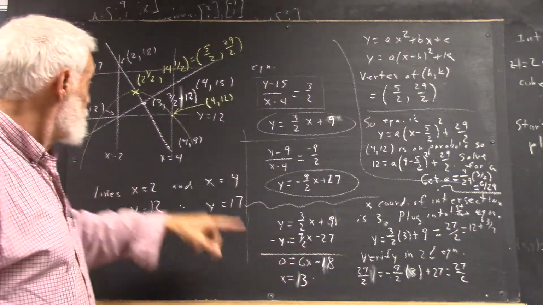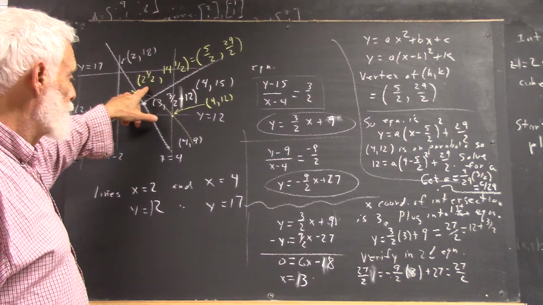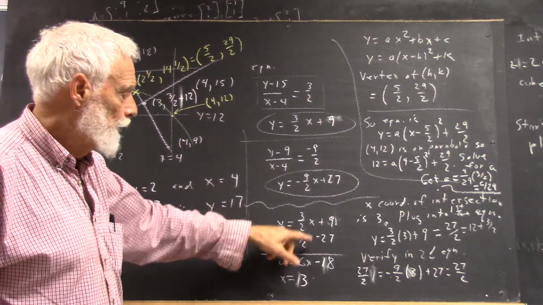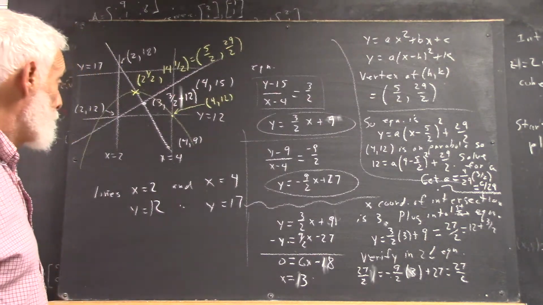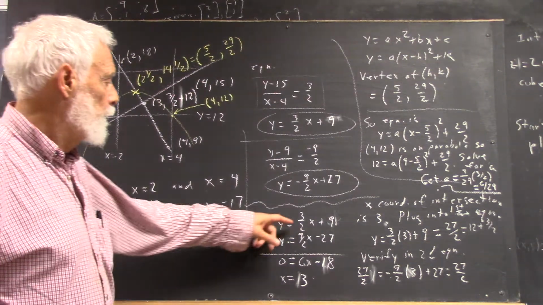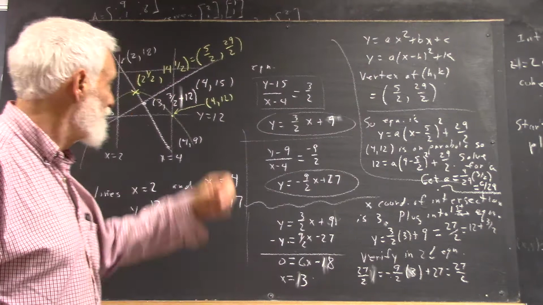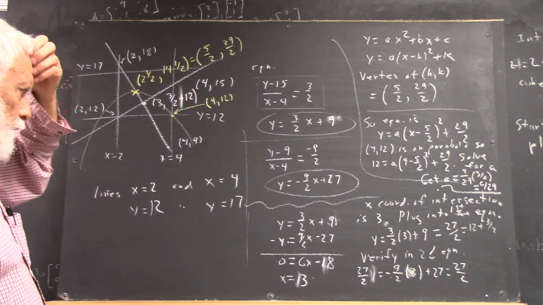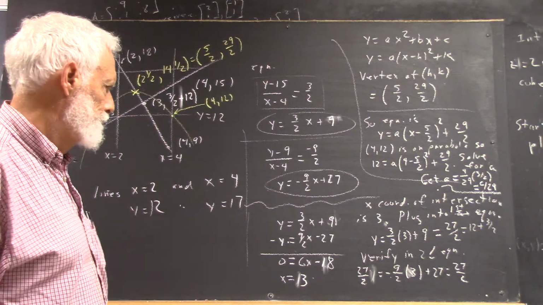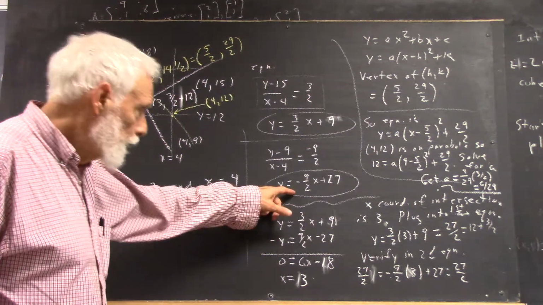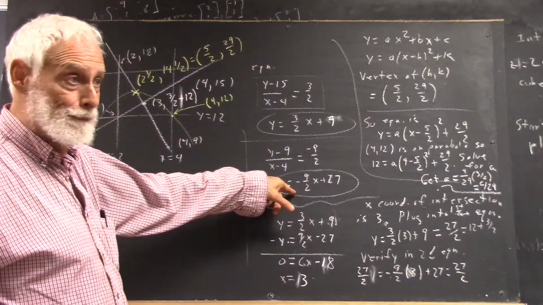Okay? So if x is 5 halves, well, 9 halves times 5 halves is 45 fourths, right? And we add 45 fourths to negative 27. Well, actually, negative 45 fourths, right?